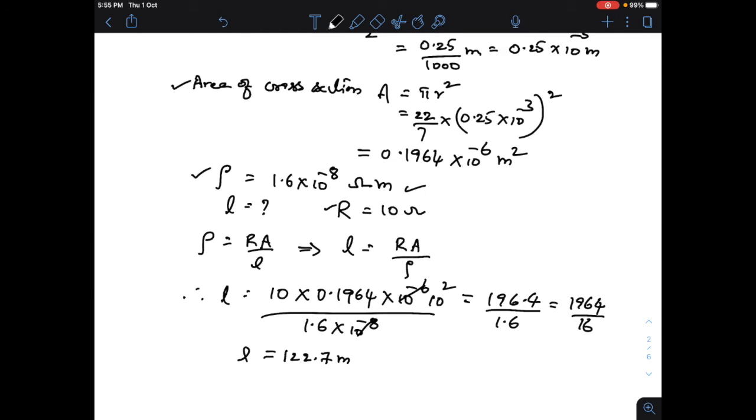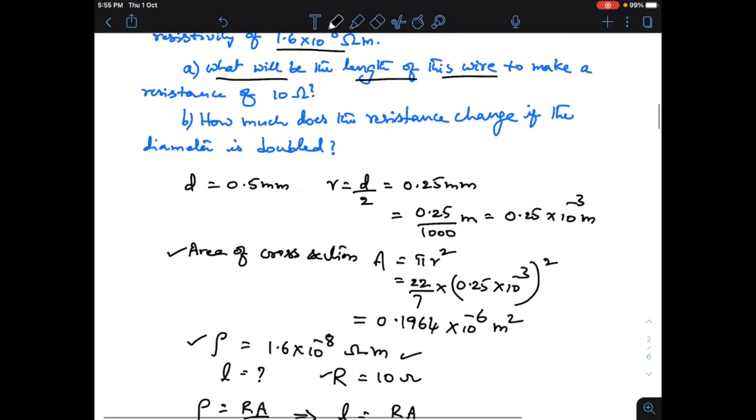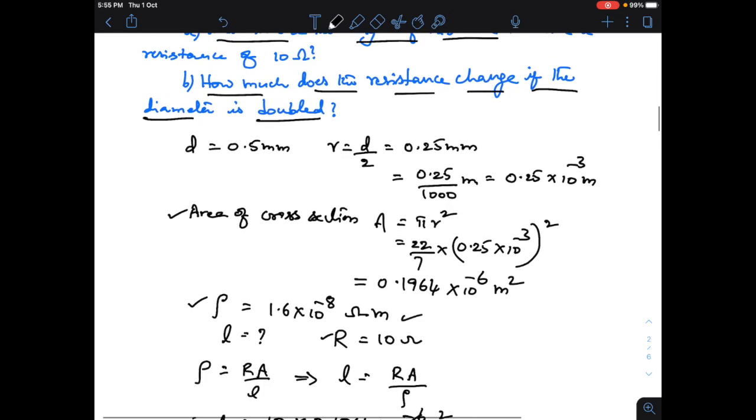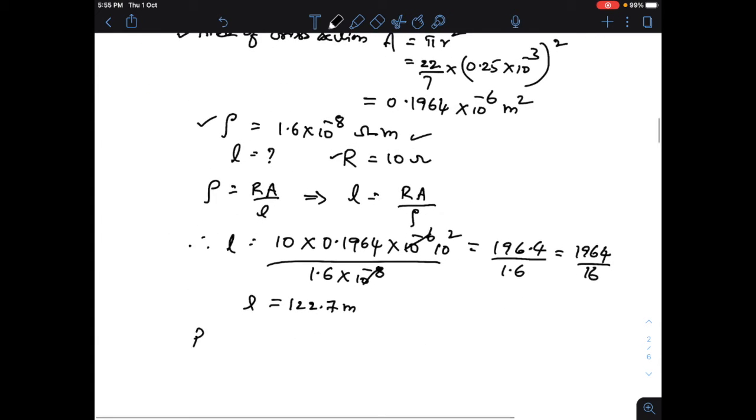Now, there is another question here. How much does the resistance change if the diameter is doubled? Now, resistance is inversely proportional to the area of cross section, or it is inversely proportional to the square of the diameter or square of the radius, whatever.